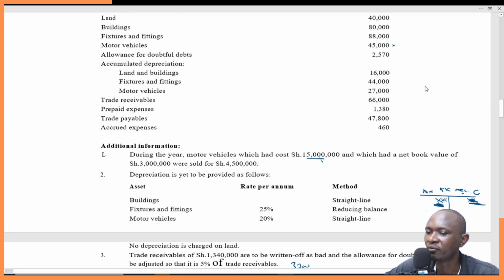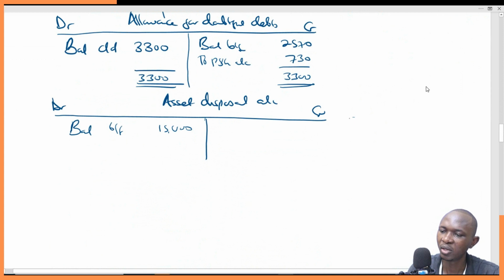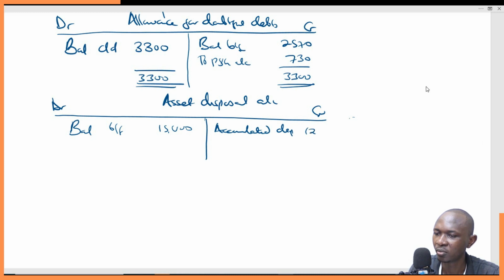It had a net book value of 3 million. So it means it had an accumulated depreciation of 12 million. And then the disposal cash account was 4,500.